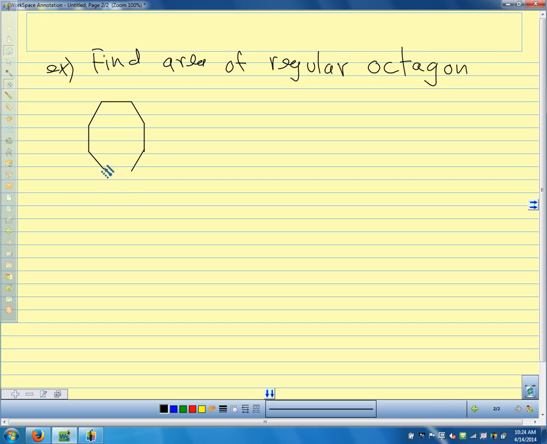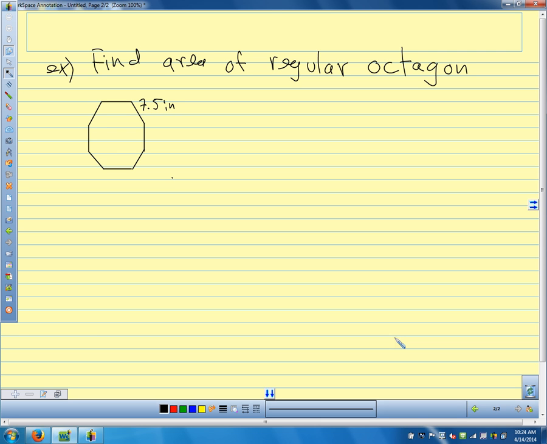Oh, it's not terrible. So there's my octagon. I know it's not perfect, but it's a regular octagon. And the side length of this octagon is 7.5 inches. And we want to find the area. That's all we know, is the side length.